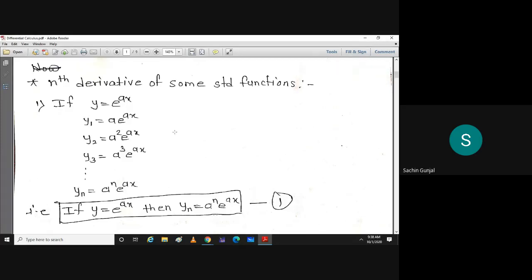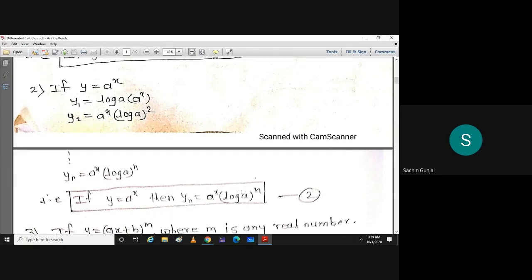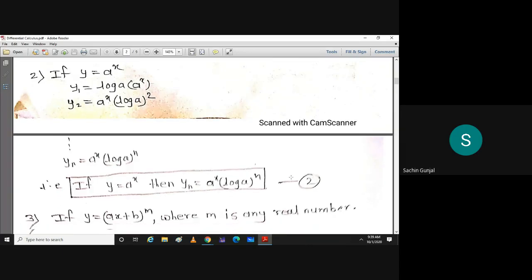Its nth derivative we observed is a raised to n e raised to ax, and we denote it by y suffix n. Then the second function we considered was a raised to x, whose nth derivative is a raised to x into log a raised to n.